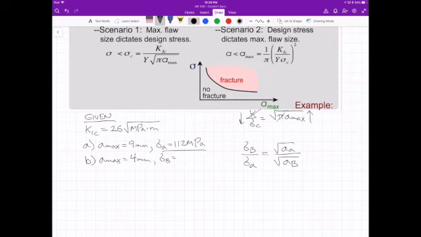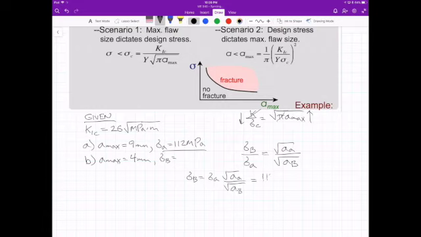So that's the equation that we can use and just plug in our numbers. So sigma B, I'll solve for that. Sigma B equals sigma A times the square root of the larger cracks over the smaller cracks.